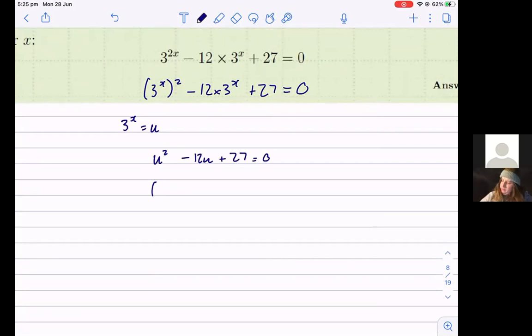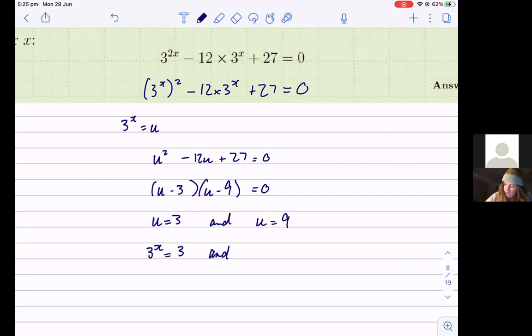Negative 3, negative 9. U take 3, u take 9, which means u equals 3 and u equals 9. Now that means 3 to the x equals 3 and 3 to the x equals 9, which means x equals 1 and x equals 2, because 9 is 3 squared.